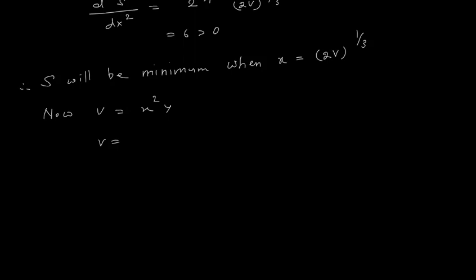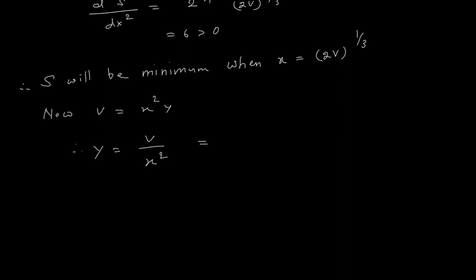So in place of v we can put the value in terms of x. Therefore y equals v upon x square.